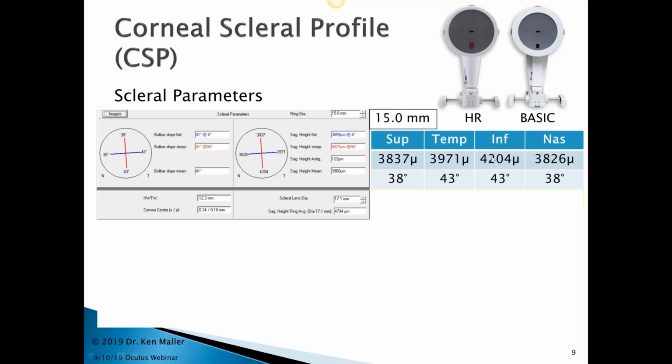And I've just blown that up over here into a table. So you can see here, what we have in the superior is 3,800, temporal is 3,900, inferior is 4,200, and nasal is 3,800 microns.